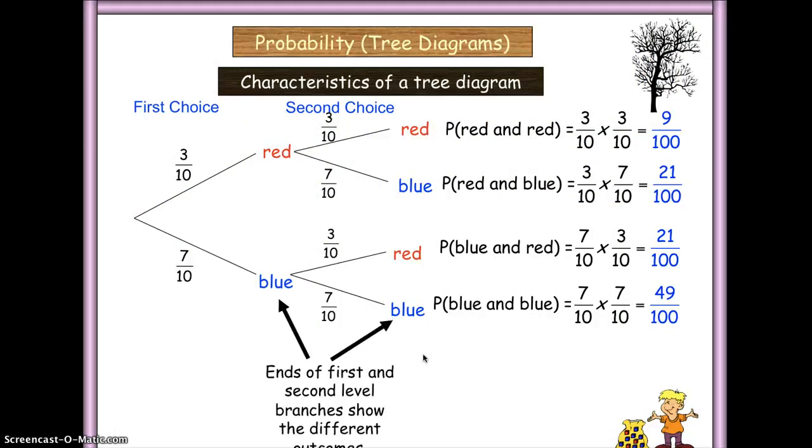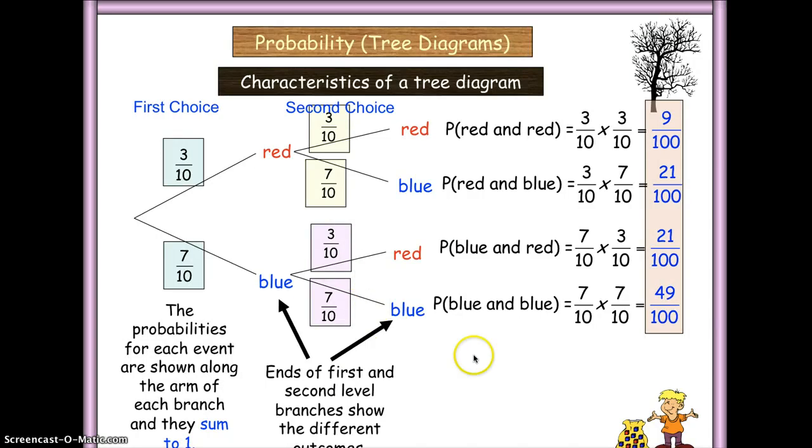Now, let's take a look at the characteristics of a tree diagram. Okay, let's take note that the end of the first and the second level branches show different outcomes. Also, each arm or each branch of the tree, if you add them, you will always get 1. So 3 plus 7 is 10, so 10 out of 10 is 1. If you look at this branch or arm, it's equal to 1.